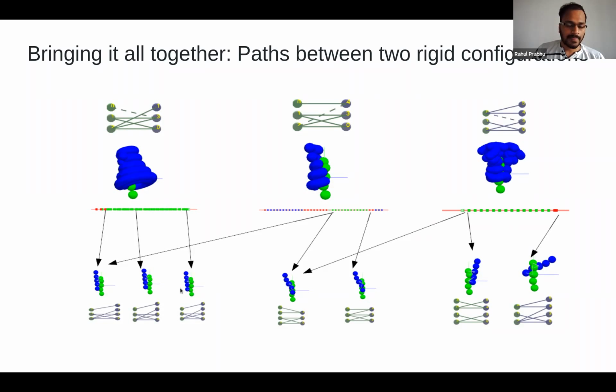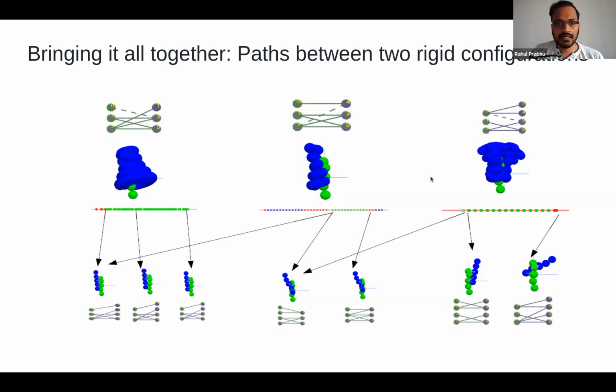I can drop a constraint and end up in the parent, and I can traverse this parent, like flex the parent configuration, to end up in a different configuration where I am allowed to add a different edge to end up in a different rigid configuration. And from here, I can drop a different constraint and end up in a different 1D active constraint region. I can keep doing this over and over again until I reach my destination configuration.